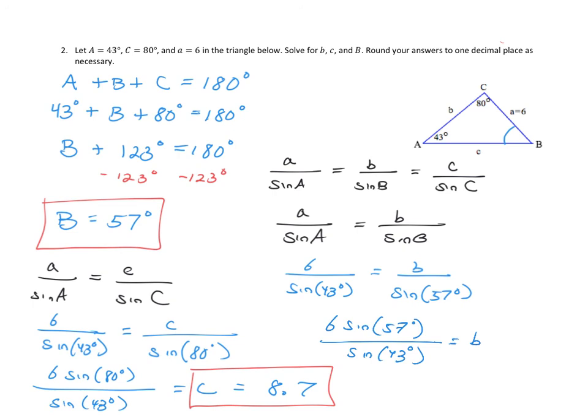And if I round to 1 decimal place, I get 7.4. All right, so what I know is angle B is 57 degrees, side C is 8.7 approximately, and B is 7.4. I know every side and every angle of this triangle. That means we have actually solved this triangle.